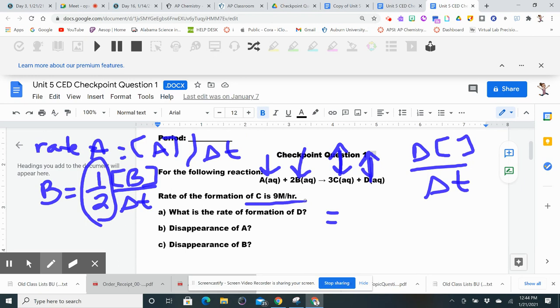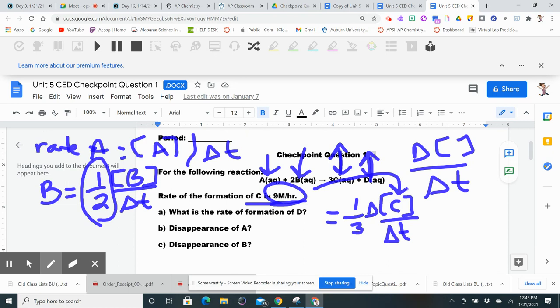So the rate of formation for D would be 1/3 times the change in concentration of C over change in time. So you would just take this number and multiply by 1/3. Because they told you the rate for the formation of C is 9.